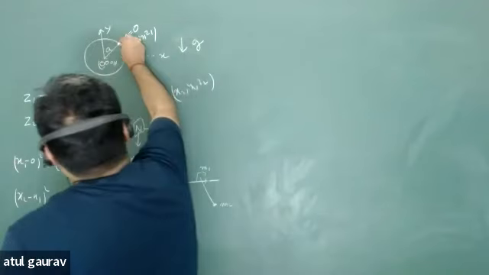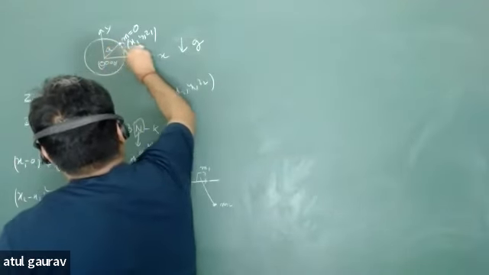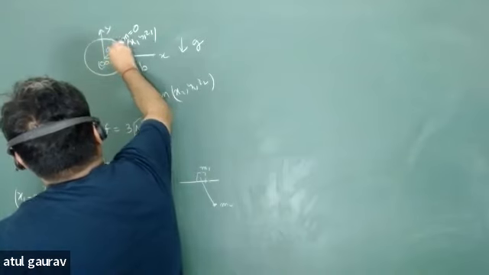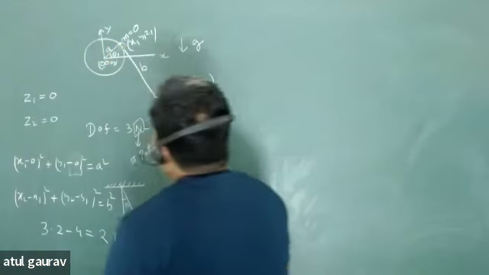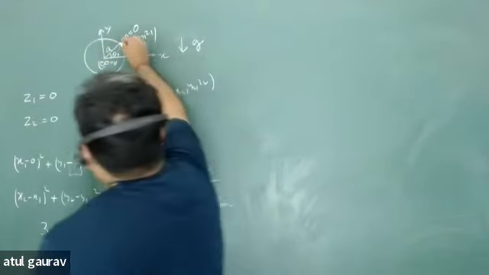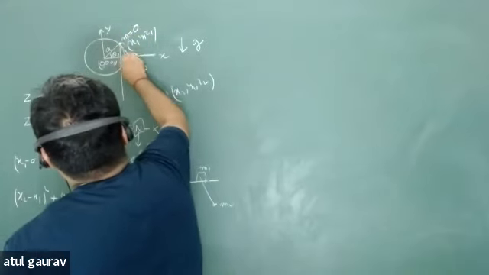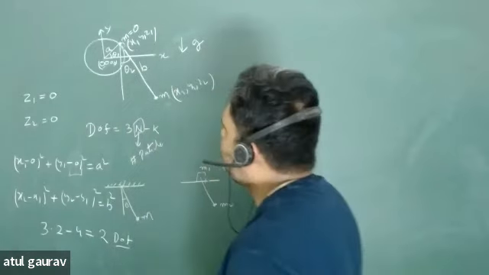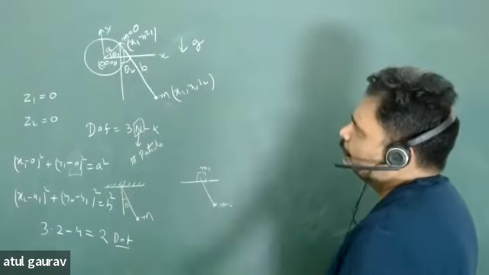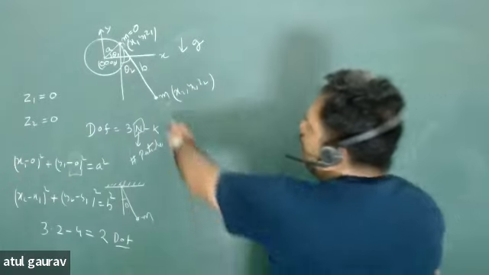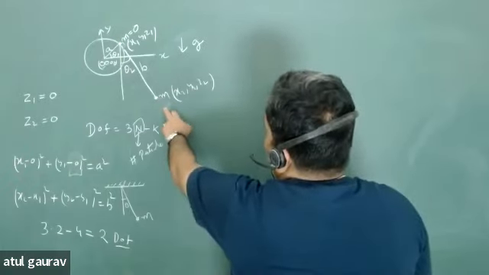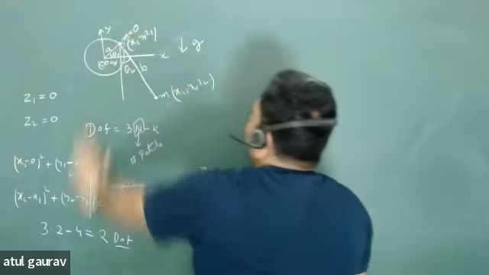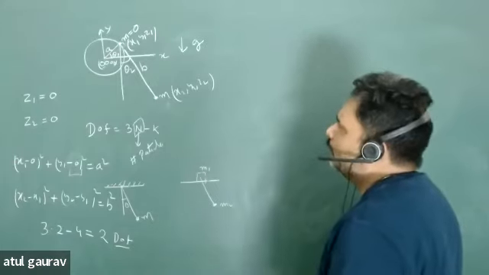So can I take this angle as my theta1, and this angle as my theta2? Can I write this? I only have to write the kinetic energy for this mass, because for the other mass I have taken M equal to 0. So there is not any problem.